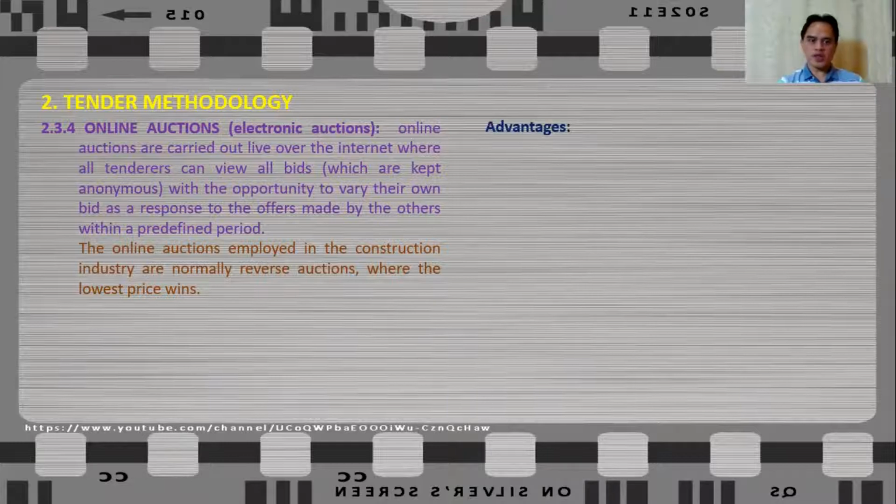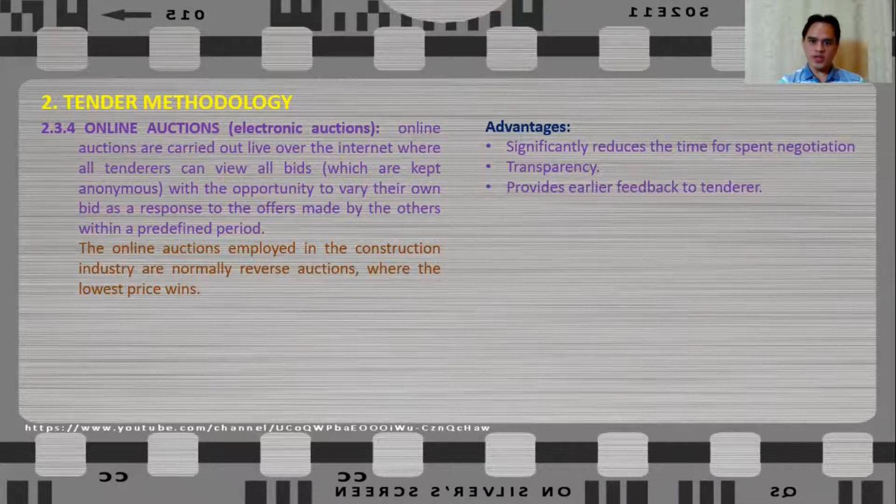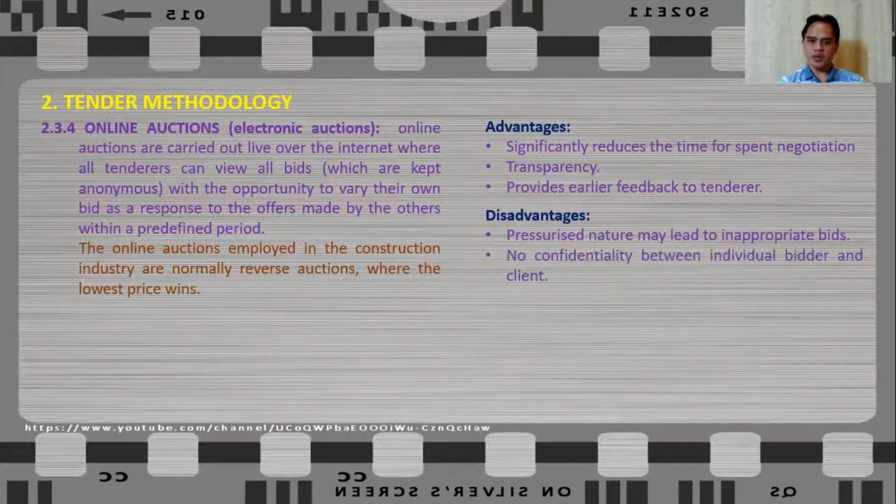The advantages of these online auctions are that they significantly reduce the time for negotiation, and there is transparency because you can see the bids by other tenderers. It provides earlier feedback to the tenderer, while the disadvantages are, due to its pressurized nature, it may lead to inappropriate bids, and there is no confidentiality between individual bidder and the client.